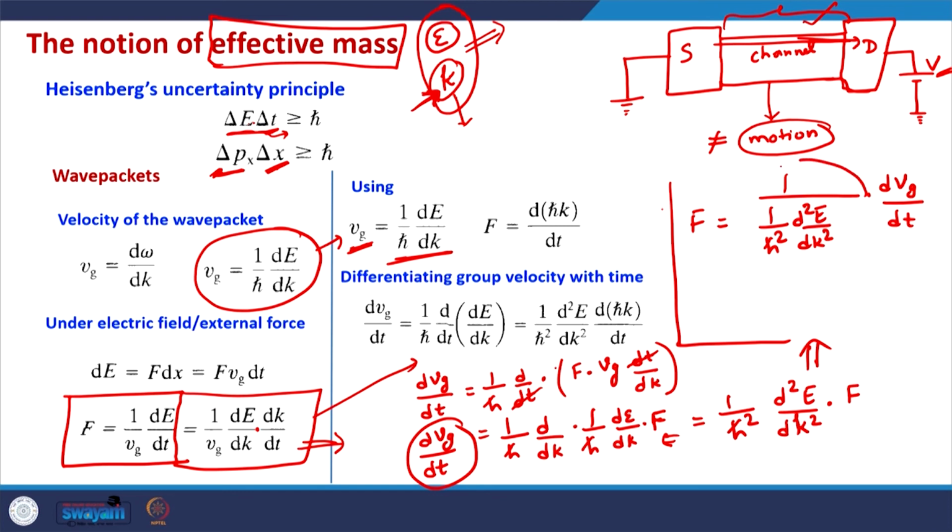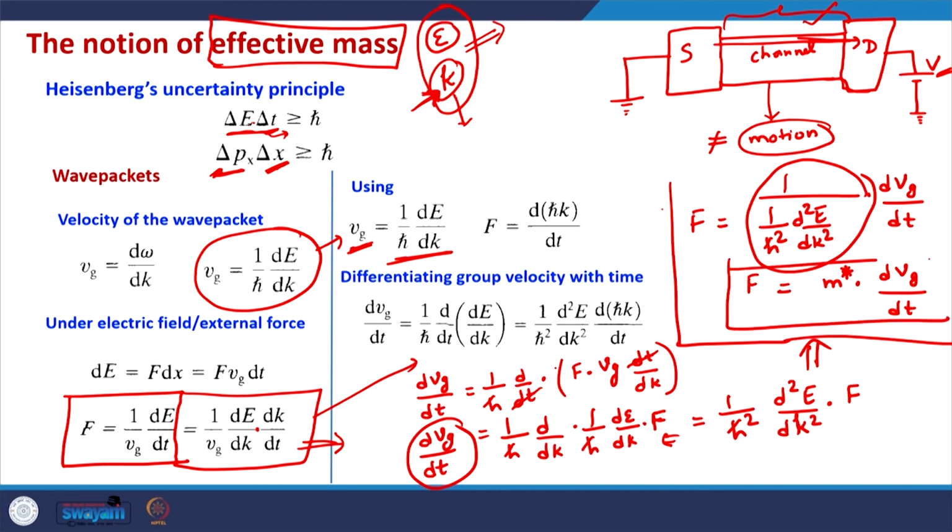And this first term can now be written like a modified mass, because if we write it like a modified mass, it will be like our classical equation of motion, the Newtonian equation. So, in this case F, the applied force, is basically the acceleration of the electronic wave packet times a parameter which we write as m star.